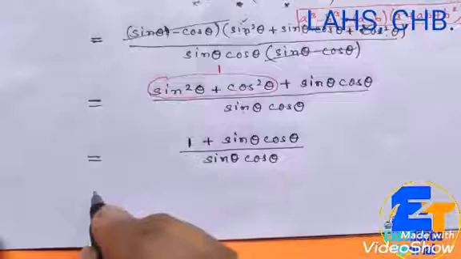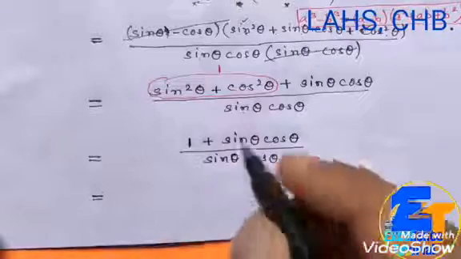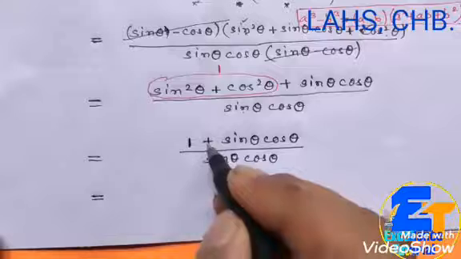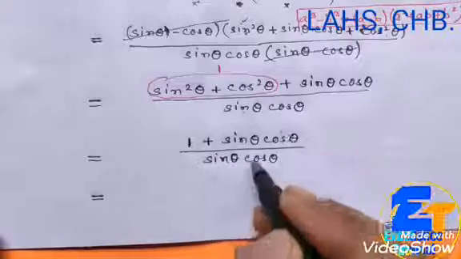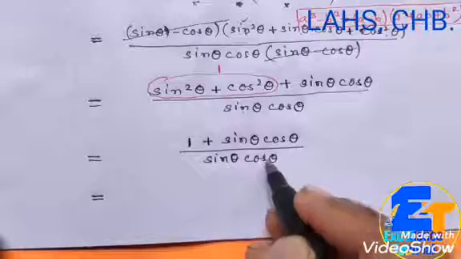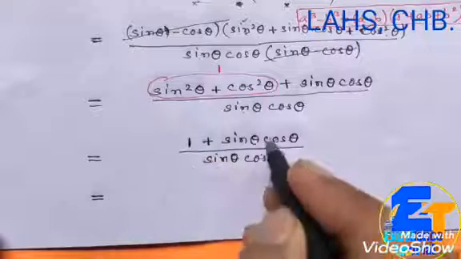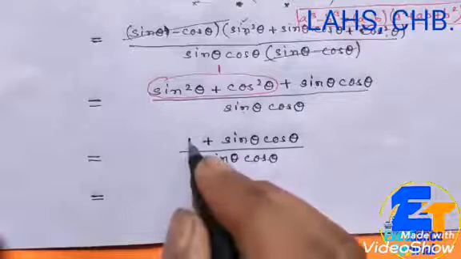Next step, okay, two terms are there at the numerator place: 1 plus sine theta cos theta, whole thing divided by sine theta cos theta. So we are going to split this term. How can you split?